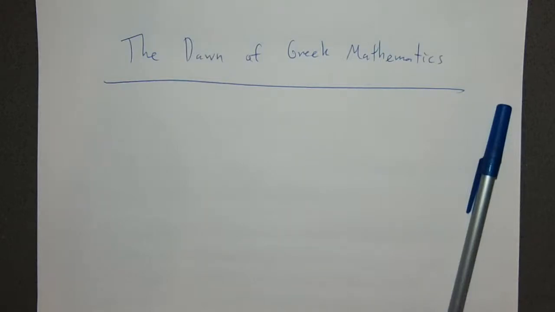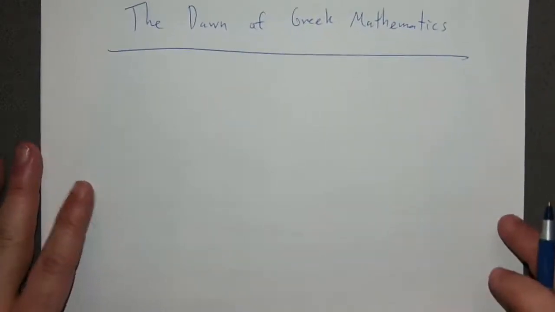So I can't possibly overstate the influence of ancient Greek mathematicians on the structure of math, and not just math, but the sciences in general, as we'll see.